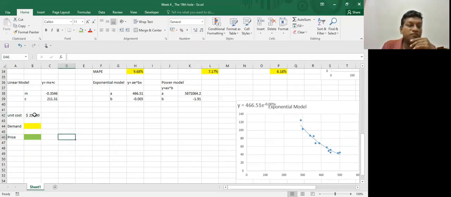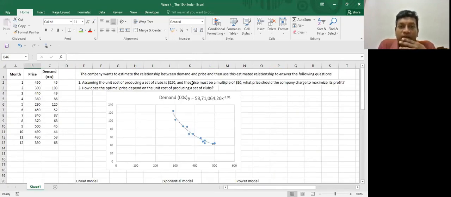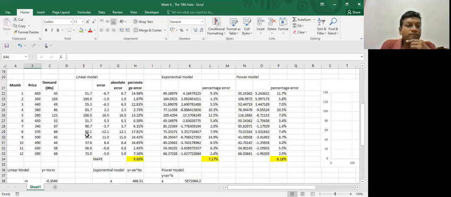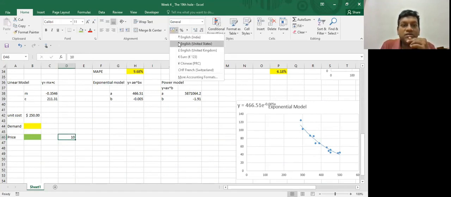Unit cost is $250. Demand, we don't know. Price, we don't know. What else do we know? The price must be a multiple of 10.